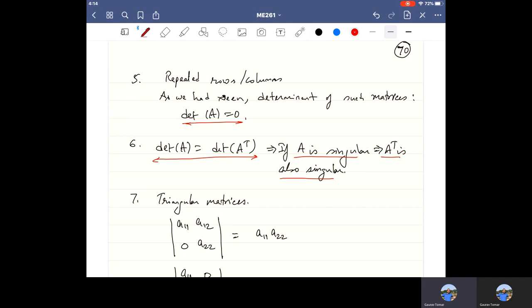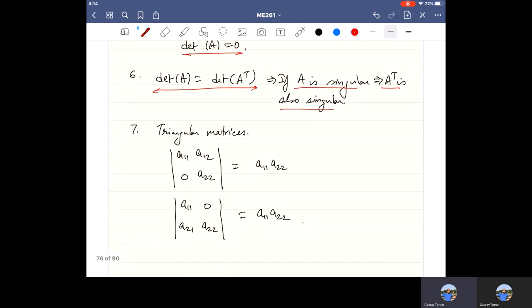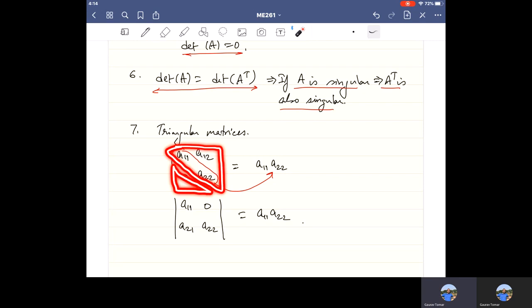If you have triangular matrices, then the determinant is given by the product of the diagonal entries. For a triangular matrix, all the terms below the diagonal are 0, or similarly, above the diagonal all are 0.